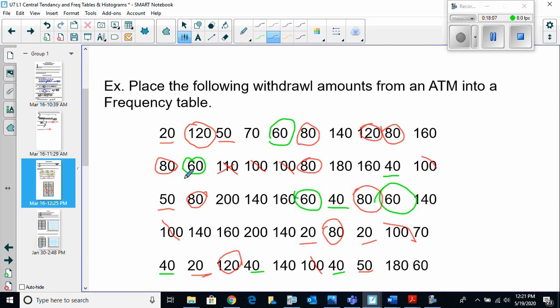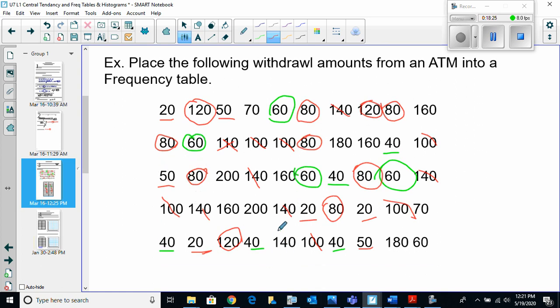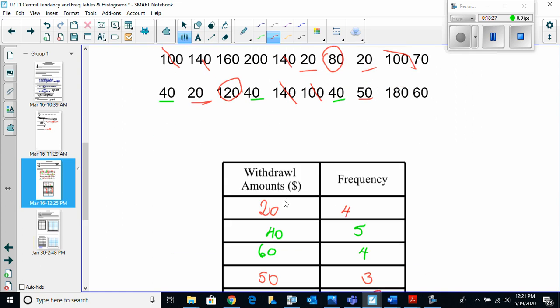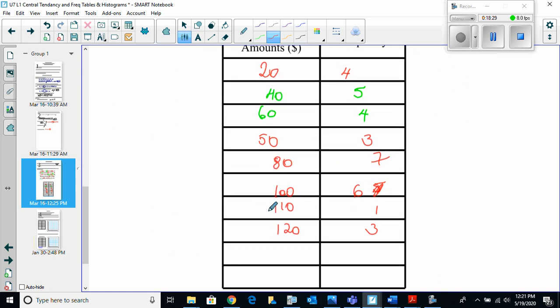After 120 we deal with 140. So once, 140, twice, 3, 4, 5, 6. So 140 is 6 times.